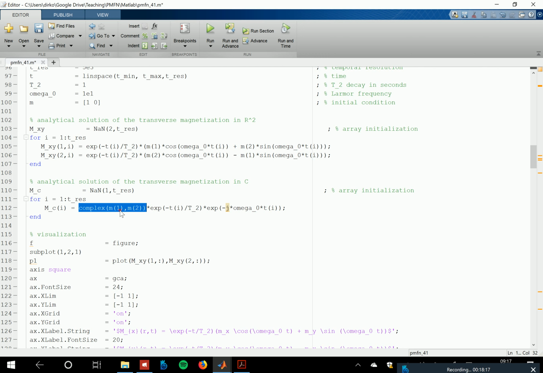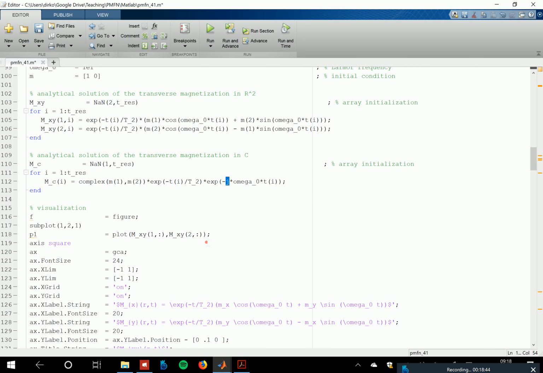So I'm defining a complex number that has the mx and the my as real and imaginary part, so that's our MC. We have the exponential, and we have the complex exponential term, the other one with the integral of delta B. That's 0, so the exponential evaluates to 1, so it doesn't show up here. And here we have the complex unit.